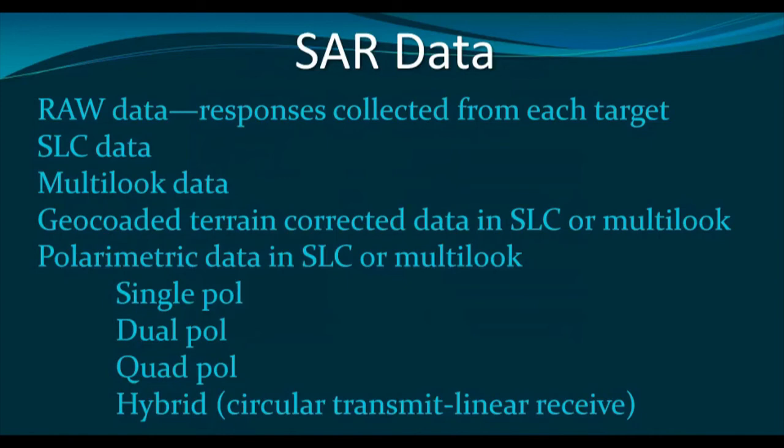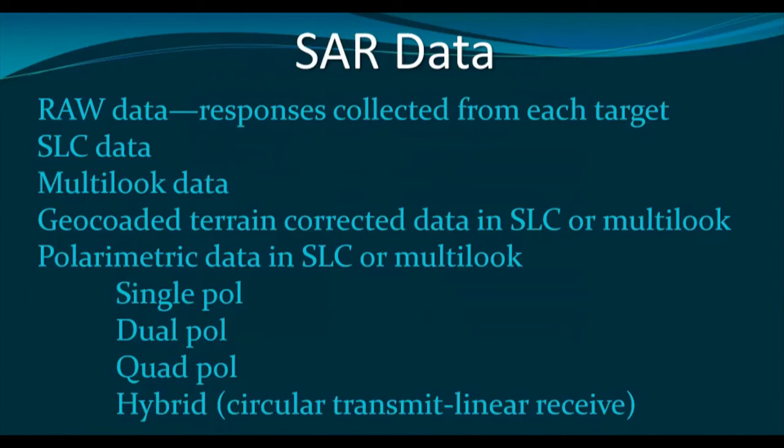Then polarimetric data we may get in SLC mode or also in multi-look mode. In single look or multi-look, we may have single polarization, dual polarization, or even quad polarization. Single polarization means, for example, horizontal send, horizontal receive, or horizontal send, vertical receive.